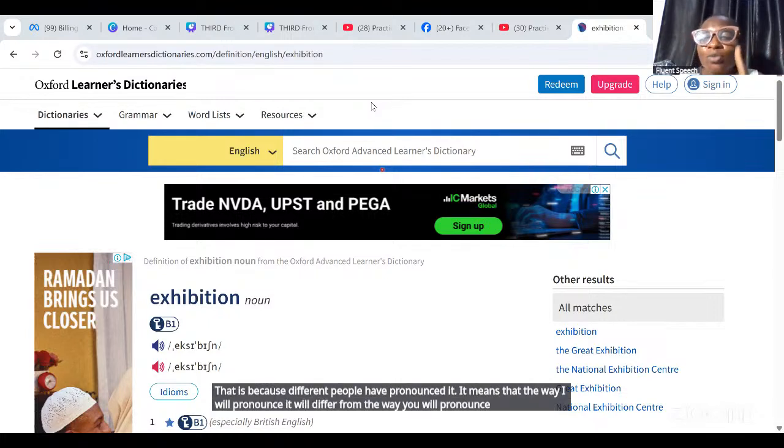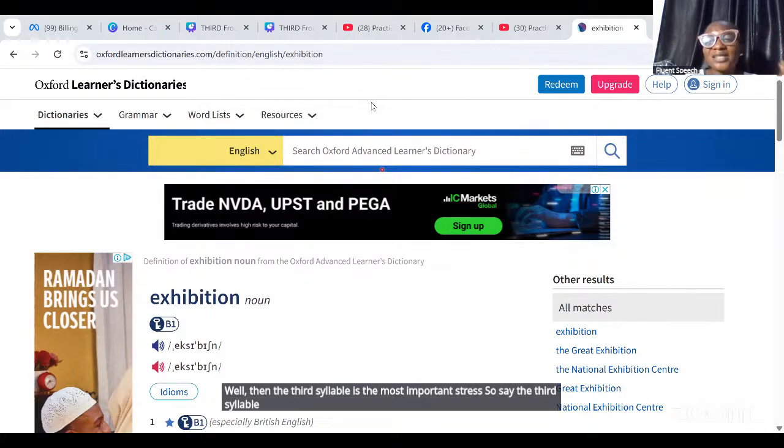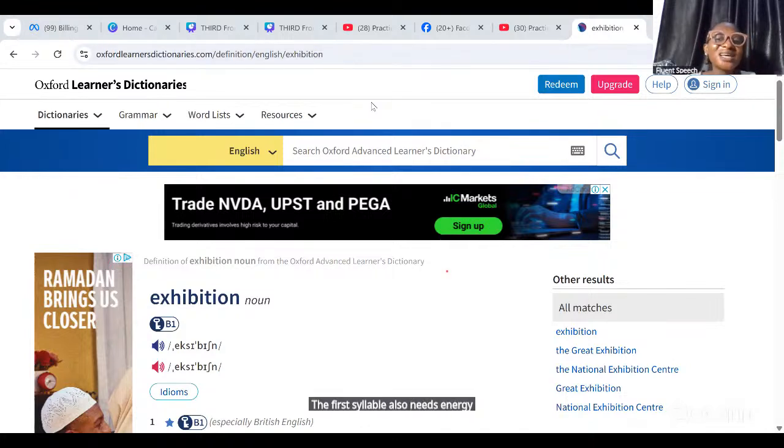But what is more important is the fact that the first and the third syllables are stressed, but then the third syllable is the most important stress. So say the third syllable loudest, longest, and clearer. It needs the most energy. The first syllable also needs energy, but not as much as the third syllable. So most times, people don't even teach the secondary stress because it is not as important as the first syllable.